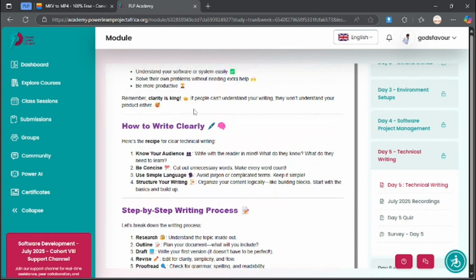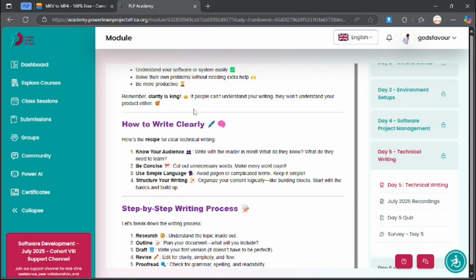We're taught that if you're going to write, you write by knowing the kind of audience you're writing to, then be concise, then use simple language and structure your writing.